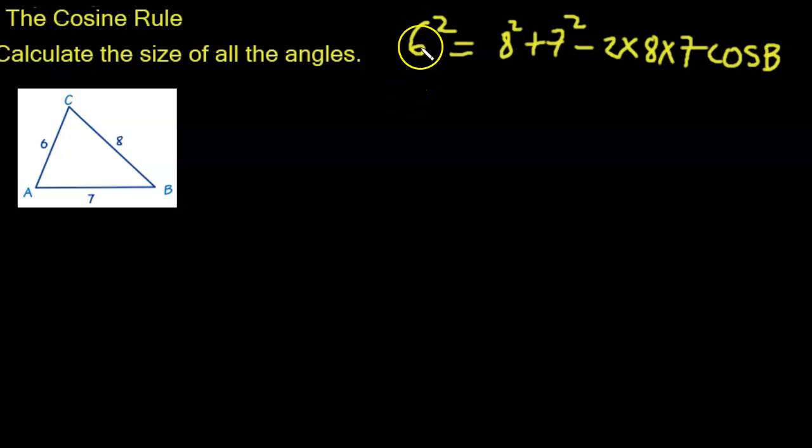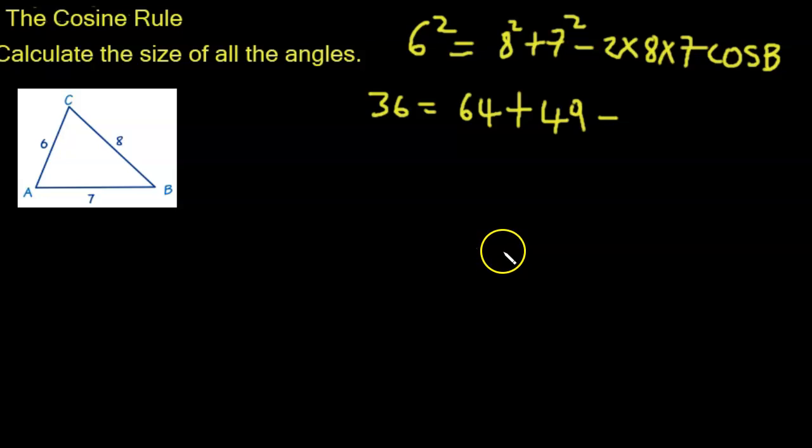So let's do the calculation. 6 squared, that's 36. 8 squared, that's 64. 7 squared, remember 7 squared is 7 times 7, right? That's 49. Minus, well, 8 times 7 is what? 56. And if you double 56, you get 112, right?